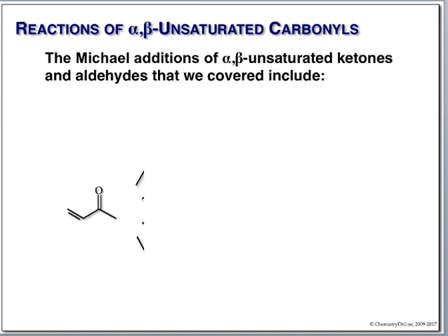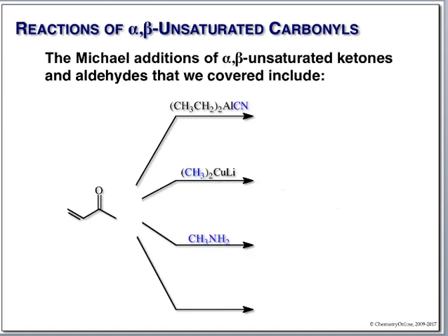Now what we did so far, we looked at diethyl aluminum nitrile. We said that the nitrile group can add to the beta carbon. We looked at dialkyl copper lithiums. We said that the alkyl group also adds to the beta carbon. And we looked at simple amines. The nitrogen also adds to the beta carbon. And we get an array of compounds like this.